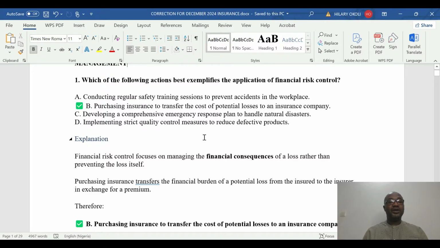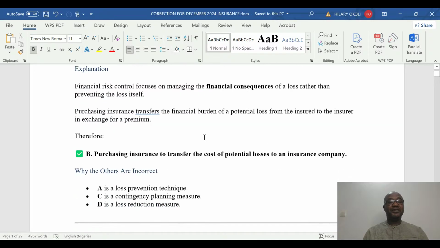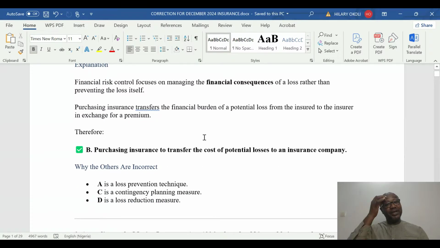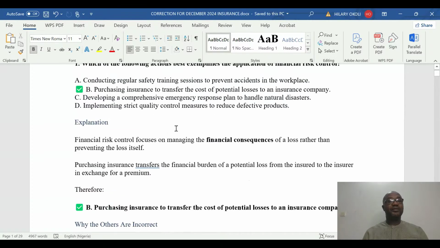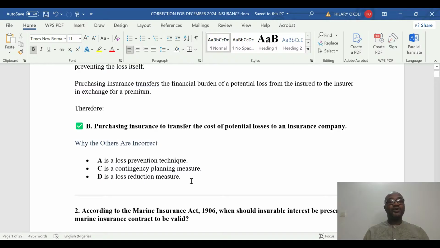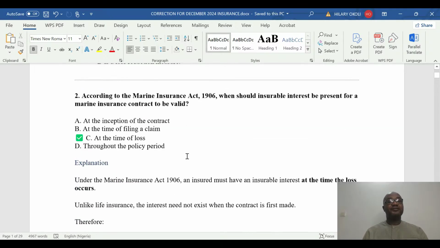What C represents is a contingency planning measure, and D is a loss reduction measure. What it says here is implementing strict quality control measures to reduce defective products. So the other options A, C, D are not correct with reference to the question, and we also highlighted where they best suit, assuming the question is asked in that direction. So B is the right answer.